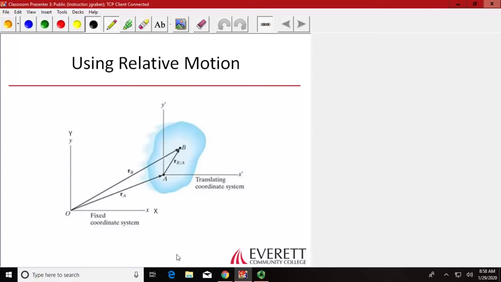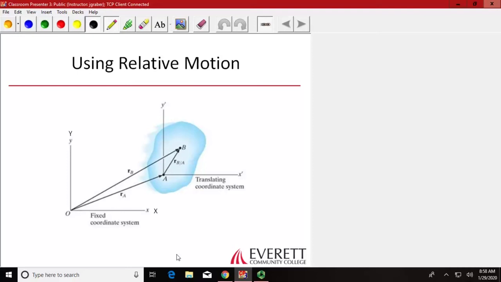The translating coordinate system is moving at any point on the body.